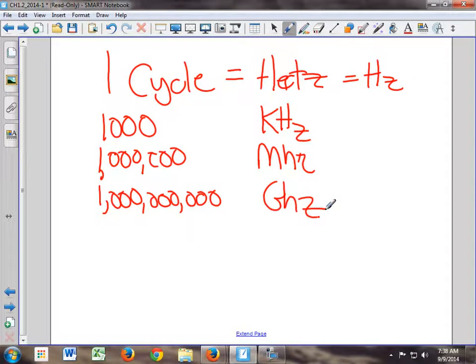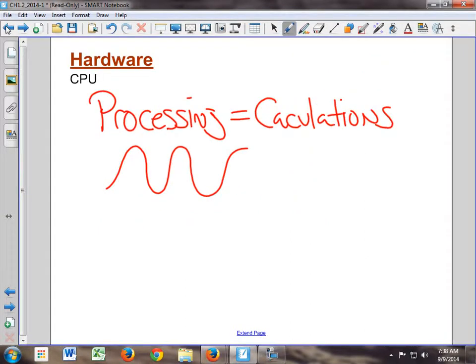We're measuring CPUs today in gigahertz. In other words, if you see a processor that says it's a 2.4 gigahertz processor, it's doing 2.4 billion computational cycles per second. It's a big number.